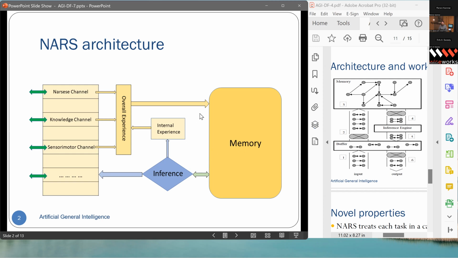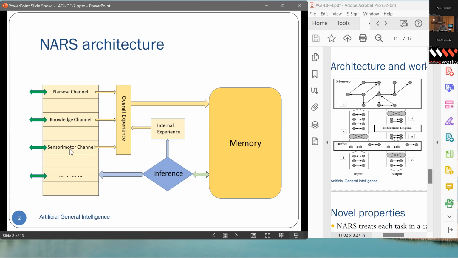So what is new here? Roughly speaking, there are two major changes. Previously, we were talking about a single input-output channel, which basically communicates with the user who is also the manager, the controller, whoever you call it, who provides all the information to the system using Narsese, the formal language we use. Now we allow a whole bunch of what we call channels.